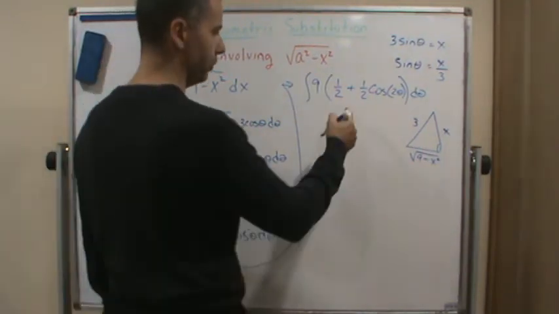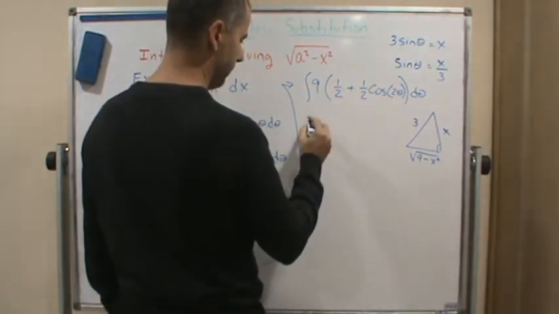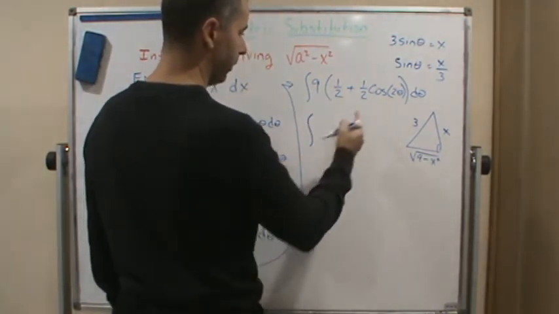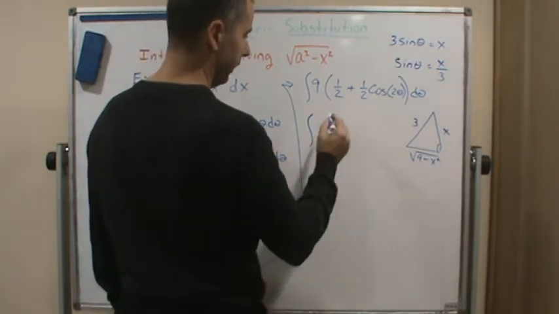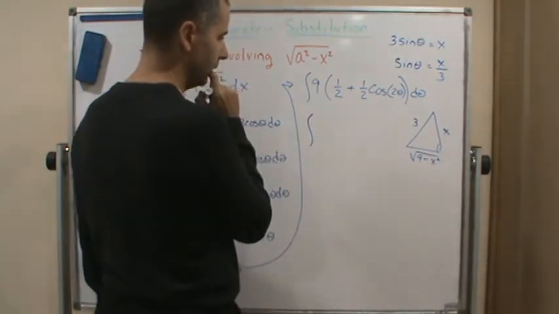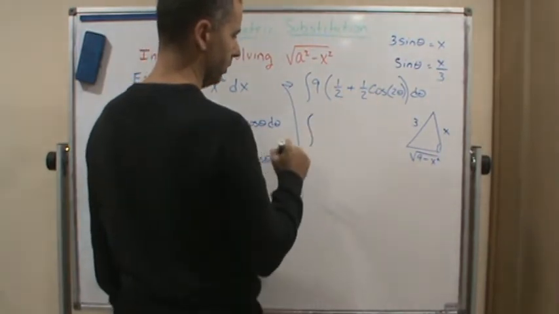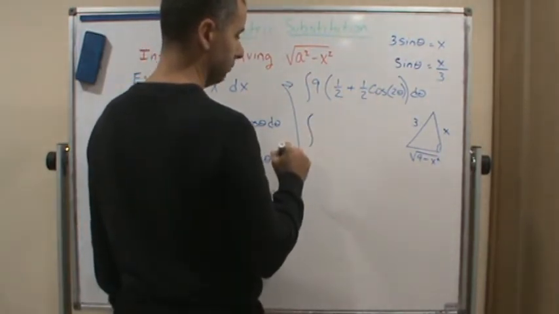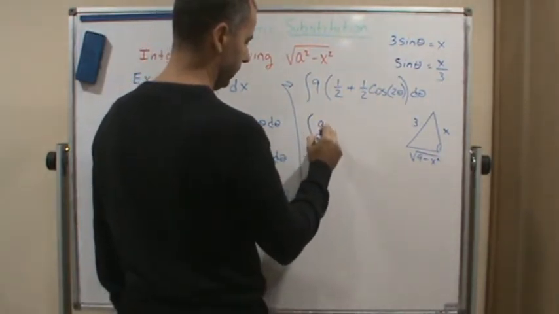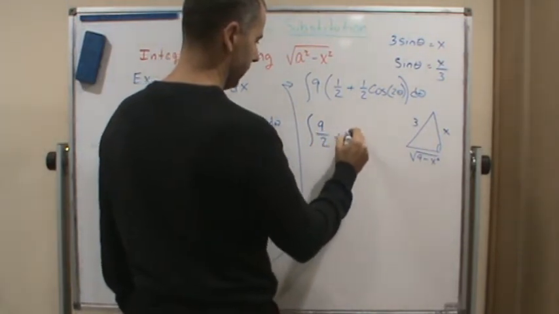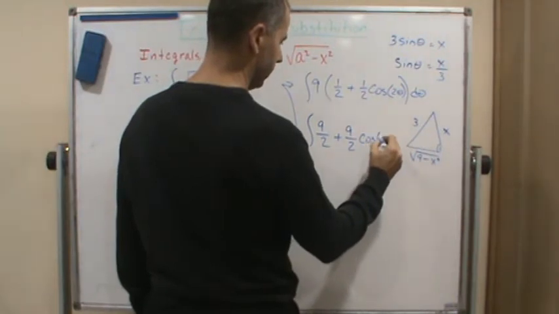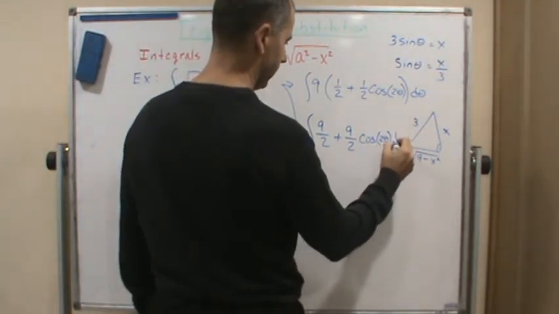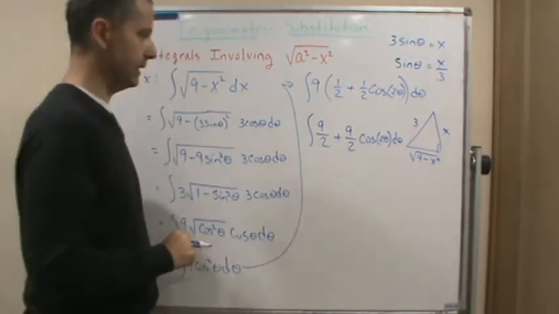So now all I have to do is simplify this. And so I'm going to pull out the half. Oh no, I want to distribute the 9. So I'm going to get 9/2 plus 9/2 cosine 2 theta d theta.